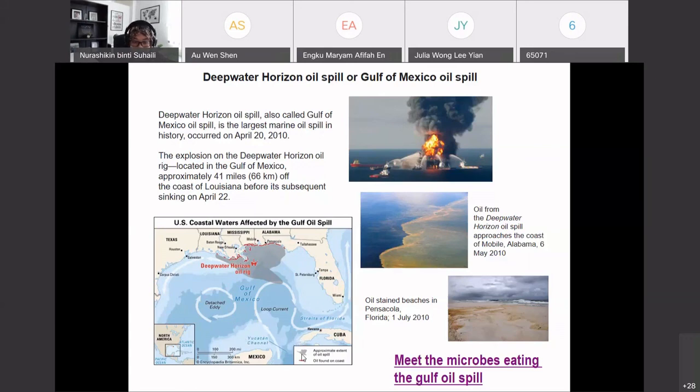It's a bacteria. Can you see the screen? The picture that I show you. Okay, this is another bacteria.